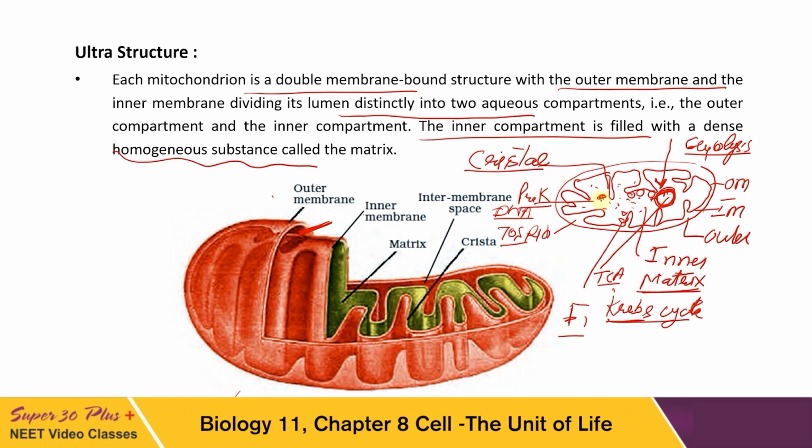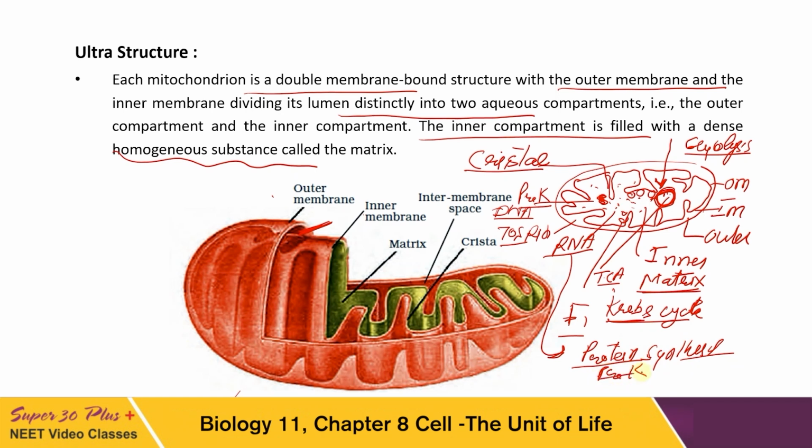With the help of this DNA, and it also has RNA, all these three together are able to make some of the proteins required by the mitochondria. Protein synthesis takes place in mitochondria just like in a prokaryotic cell.